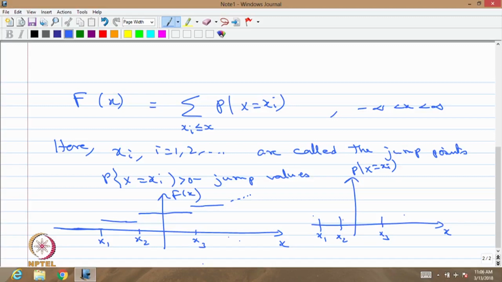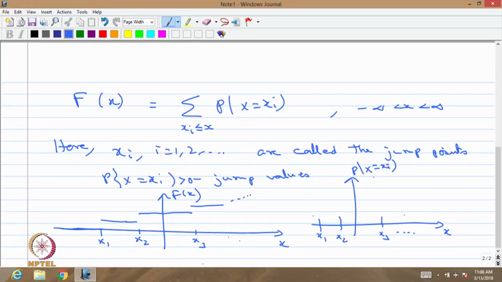So, these heights are nothing but the jump values, and these are all the jump points. Like that I may have many more. So, whenever you have a CDF of some random variable which has only jumps, the jumps could be finite or countably infinite, then that random variable is called a discrete type random variable.